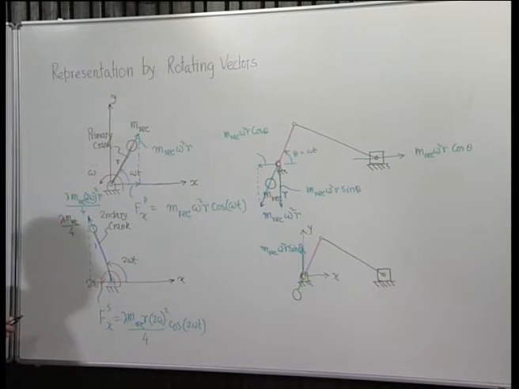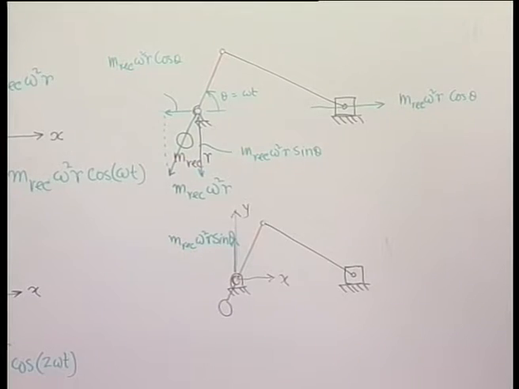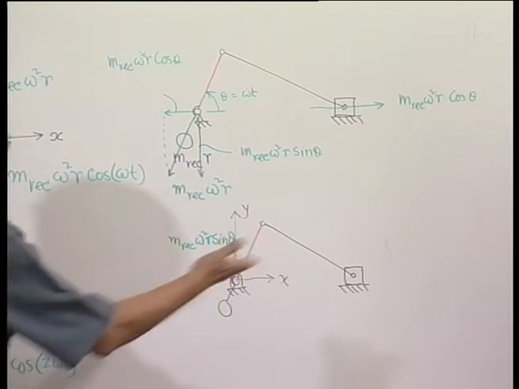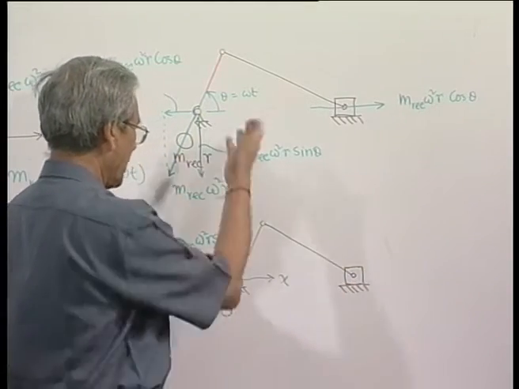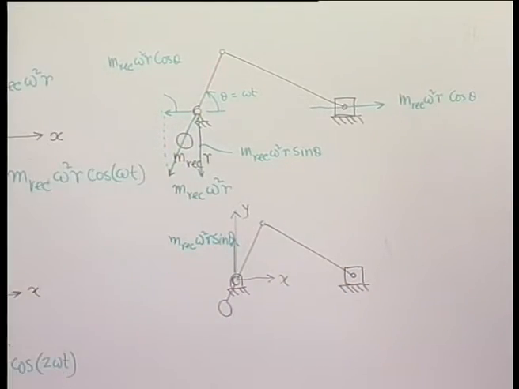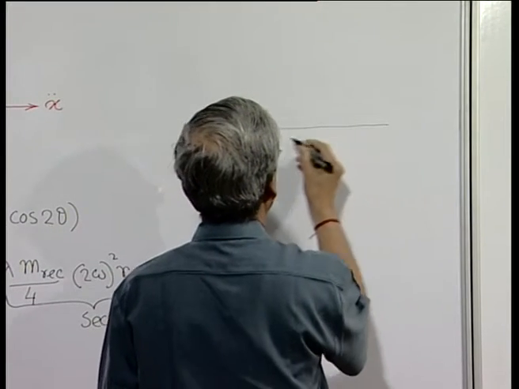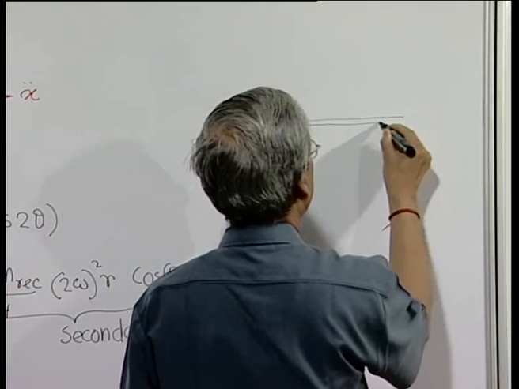So, this is not an exactly satisfactory situation, but sometimes this is useful where a force in this direction may be less desirable than a force in this direction. For example, suppose the mounting of this machine or the engine is something like this.